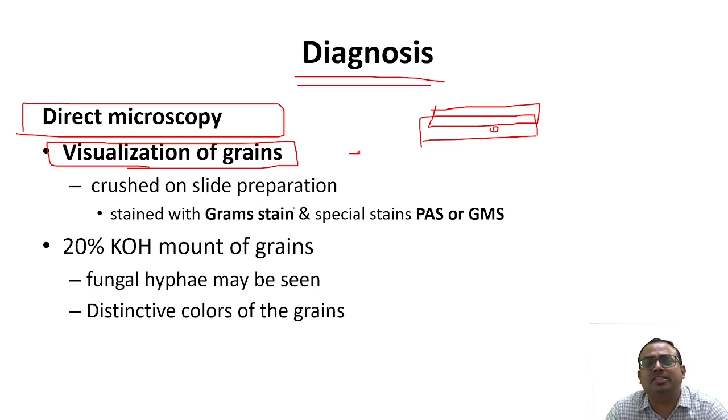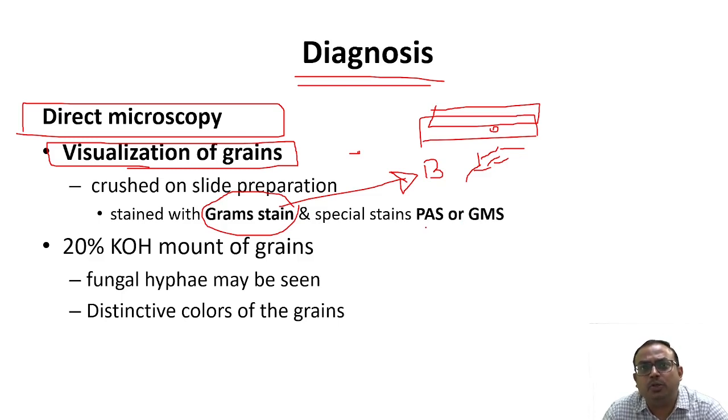So what stain do we perform? We do a Gram stain. Gram stain helps to detect the bacterial causes, because bacterial causes like Nocardia or Actinomyces will stain gram positive, and will be present as a branched filamentous appearance.